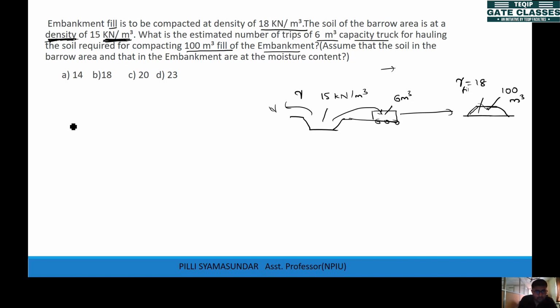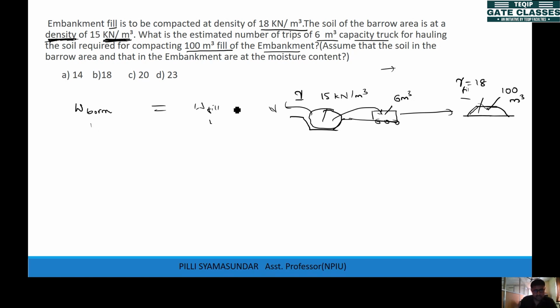So how do we do it? You know the densities at both the places. But the amount of soil that you are carrying from this borrow pit to this fill is the same, right? So the weight of soil is the same in both the borrow pit and the fill. Only the volume will be different. Here it is in a loose state and here it is in a dense state, right? So how do we find the volume?